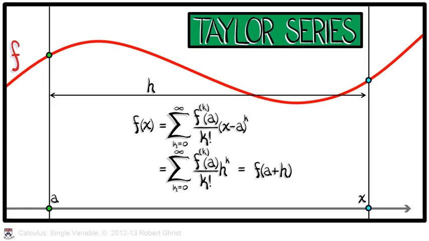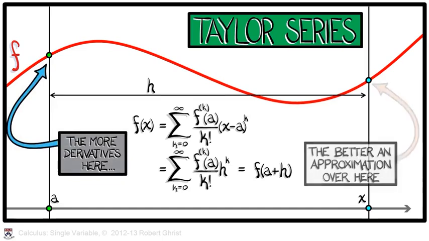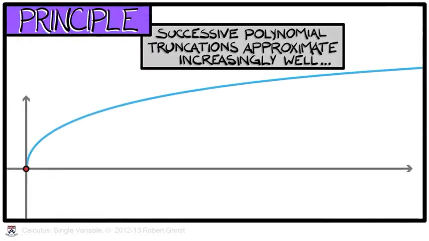One way to think about this is that the more derivatives of f you know at a point a, the better an approximation you get at x, or at a plus h. This is a perspective that you're going to want to keep with you for the remainder of this course. The principle is that successive polynomial truncations of the Taylor series approximate increasingly well.